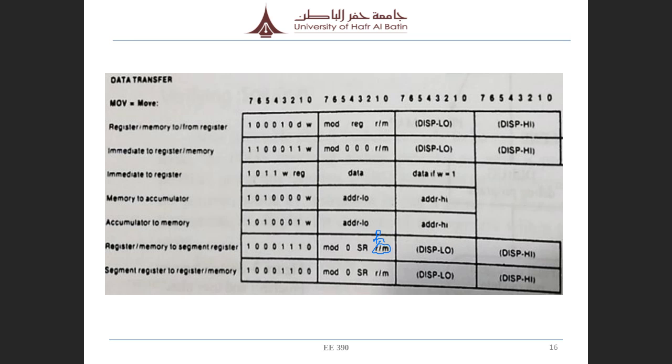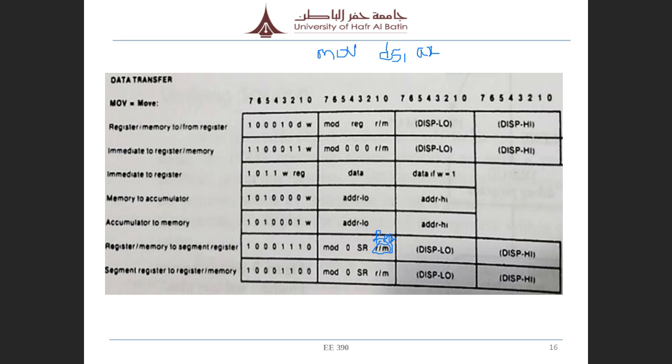I think we should fix this, because what was the instruction? Move ds comma ax, right? So that means register to segment register.